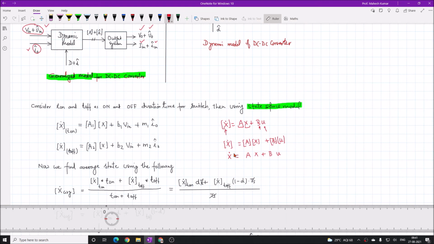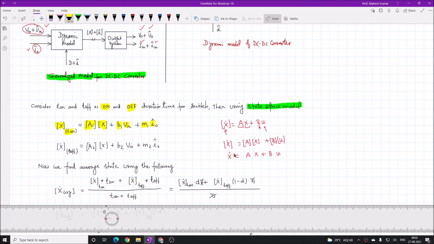So using this concept, we will express the state during on and during off conditions. Please note that we are saying during on and during off conditions. So x dot on is A1 into x plus B1 into B in plus M1 into I0. B1 is the input coefficient for B in, and M1 is the input coefficient for the I0. Actually, B in and I0 are acting as the inputs.